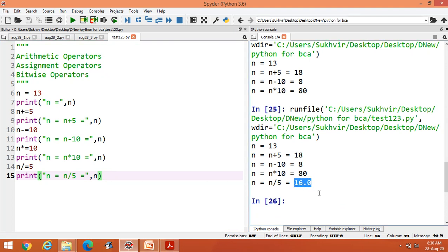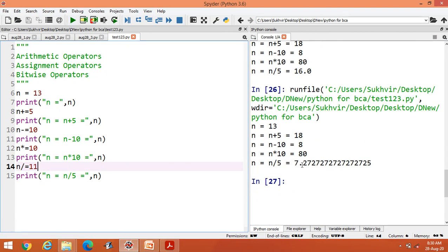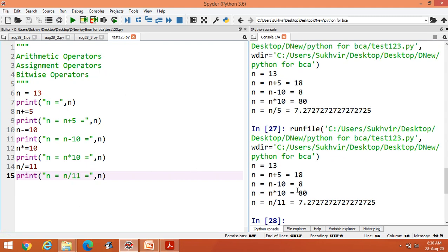This value is in floating 16.0. Suppose I am writing here some other value. You can place the content in decimal format 7.2727 like this. And divided by 11 you can write here like this. 80 divided by 11. Now the answer is like this.